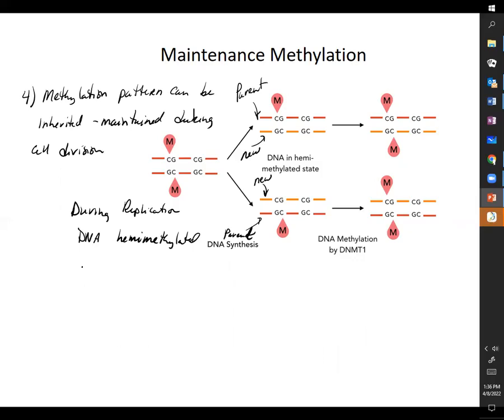This methylated parent is recognized by those methyltransferases and it serves as a template to methylate the new strand.